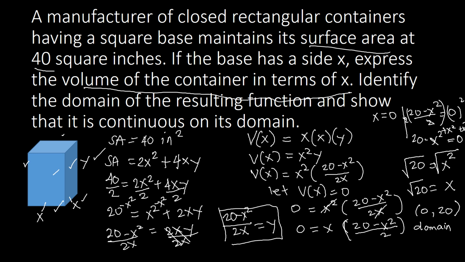Now, checking, because according to this one, we need to show that it is continuous on its domain. If you try to recall, checking whether it's continuous on an open interval, we have to simply check the values in between the two numbers on the open interval, checking if there is a problem when it comes to the function.